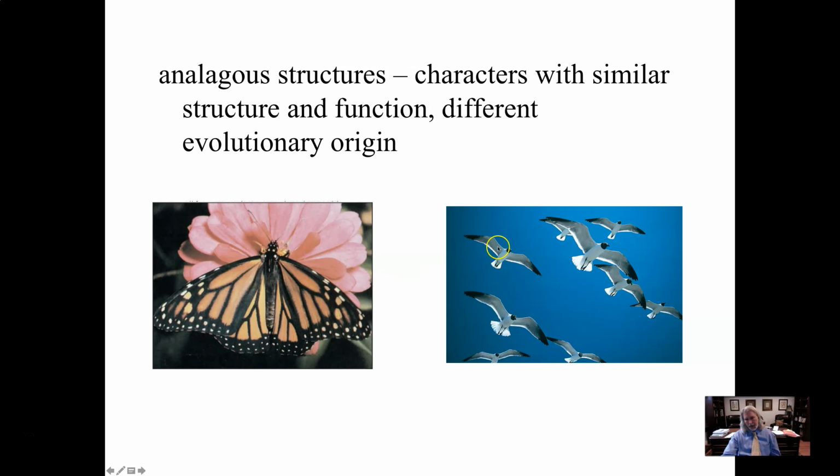If you look in the wings of a bird, you're going to find bone structures similar to what we see in our arms. If you looked at the wings of a butterfly under a microscope, would you see those little bone structures in there? No, you're not going to see that. You're going to see other chitinous structures, these hard structures that give support to the wing. So they're analogous, they're similar.